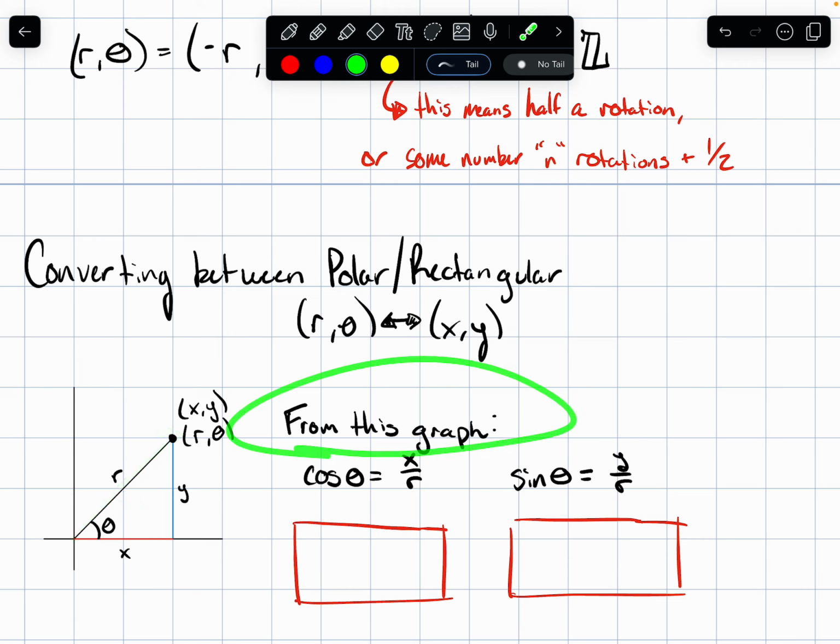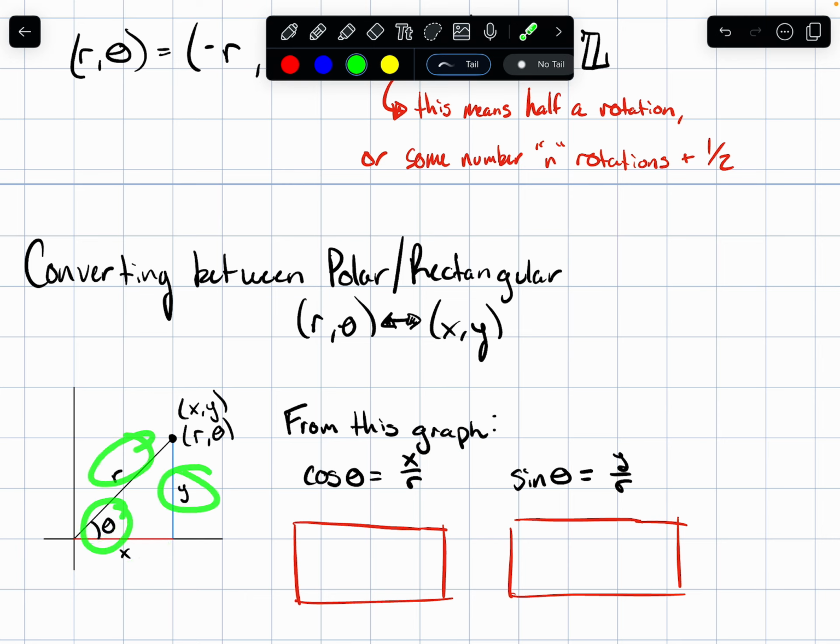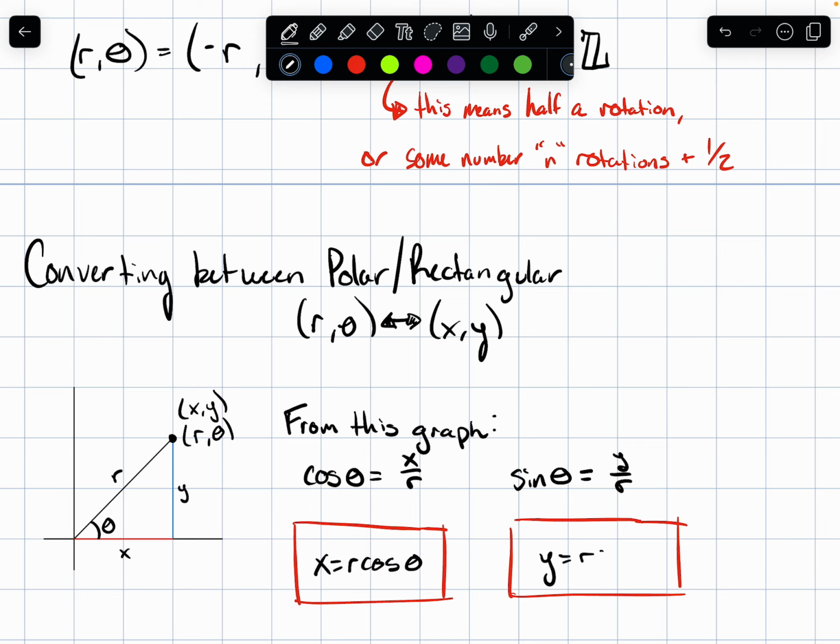So, from this graph, looking at cosine and sine of this angle, we gather that cosine is x over r, and that sine of theta is y over r. From that, we get the following two ideas, that x is equal to r cosine of theta and y is equal to r sine of theta. And these two ideas are going to become very prevalent when we're swapping between coordinate systems.